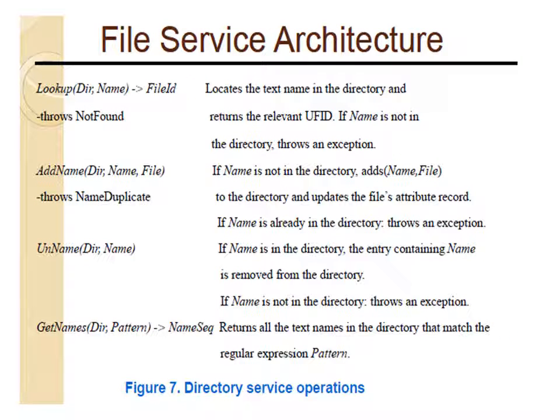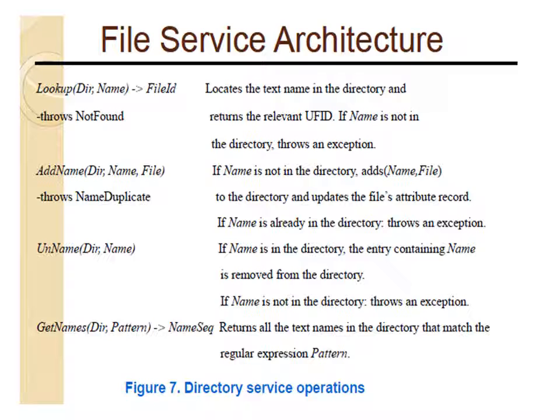Here the lookup function, Lookup(Dir, Name), returns the file and throws a not found exception. It locates the text name in the directory and returns the relevant unique file identifier. If the name is not in the directory, this function throws an exception.